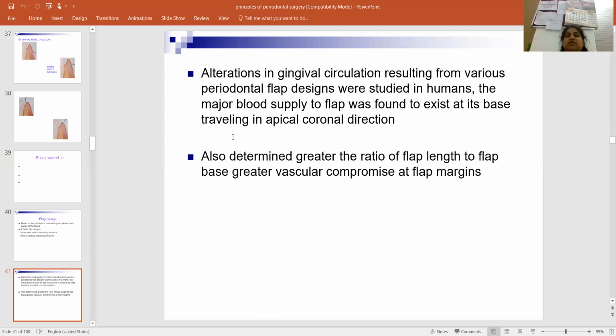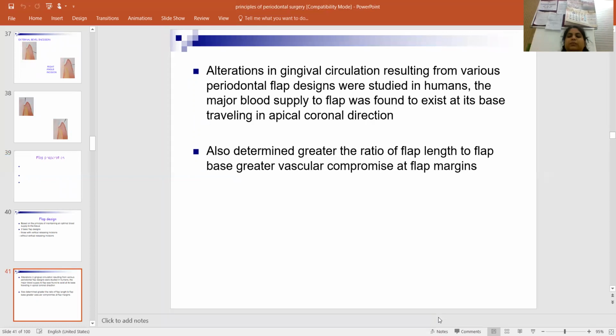Based on the blood supply, you are going to design the flap, because the flap needs blood supply, and it also determines the ratio of the flap length to the flap base; the greater the ratio, the greater the vascular compromise at the flap margins.